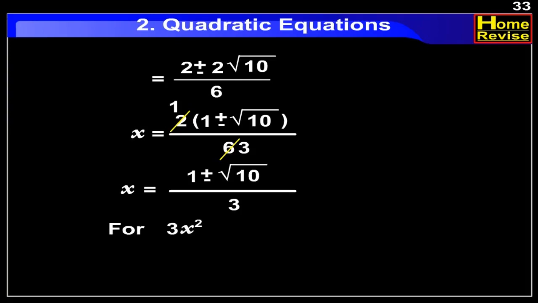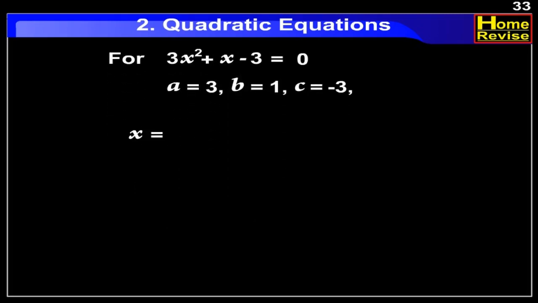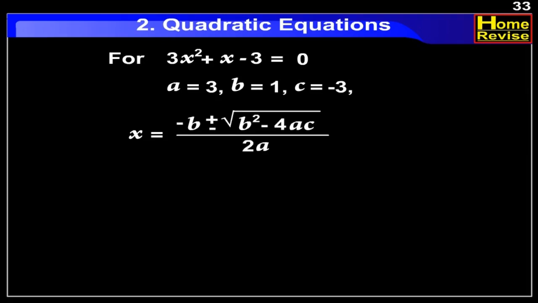Now, for equation 3x² + x − 3 = 0, we have a = 3, b = 1 and c = −3. By using the formula, we have x = (−b ± √(b² − 4ac))/2a.